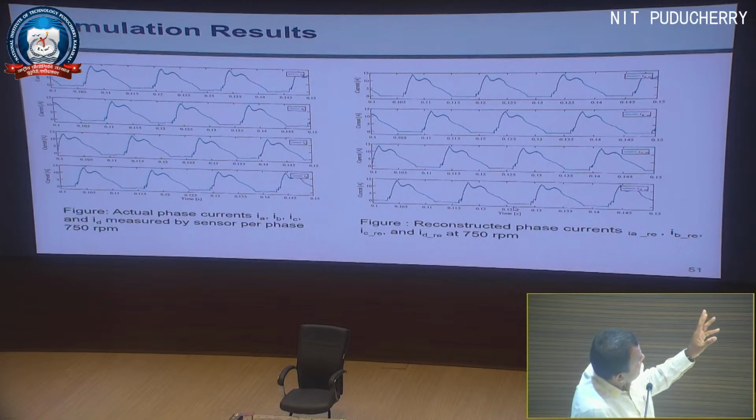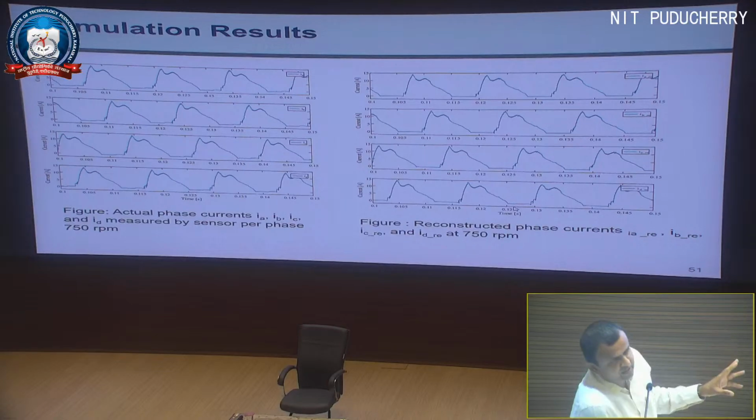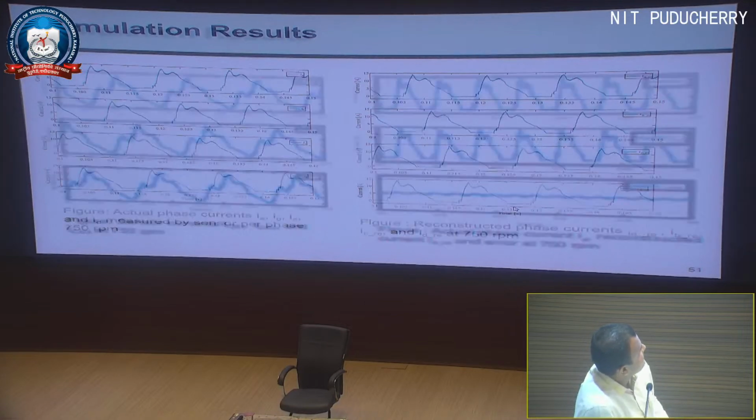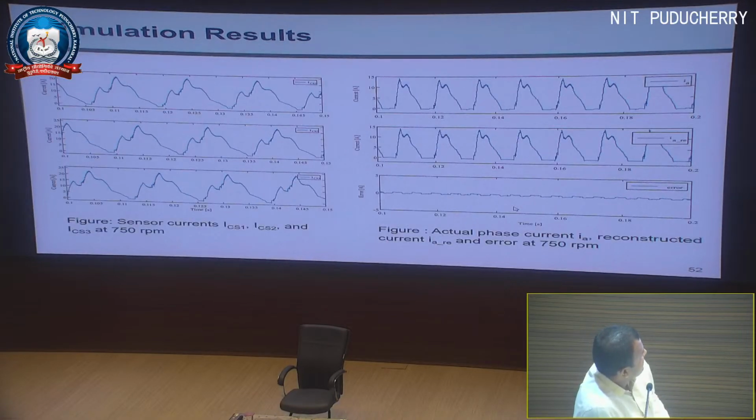So that is also given as a simulation result for a single phase reconstructed phase current. This is the actual phase current, obtained by connecting a current sensor and measuring the current in series with that individual phase, and then this is the reconstructed phase current. We can hardly notice any difference. Here are the sensor currents, and then the actual phase current, reconstructed, and error.